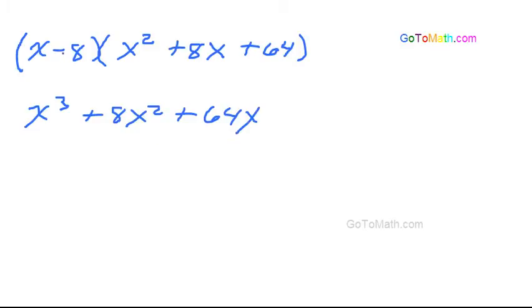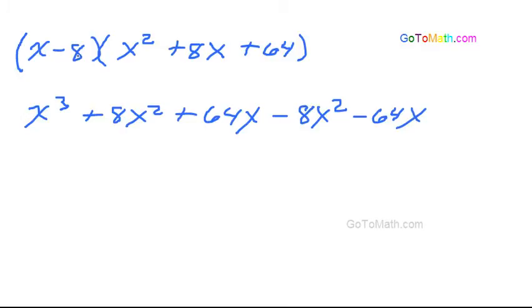Now let's go through here. We got to do the other one. We got negative 8 times x squared. This is minus 8, however you want to do that. And then we've got negative 8 times 8x. That's going to be negative 64x. Now you notice we have a positive 64x and a minus 64x.